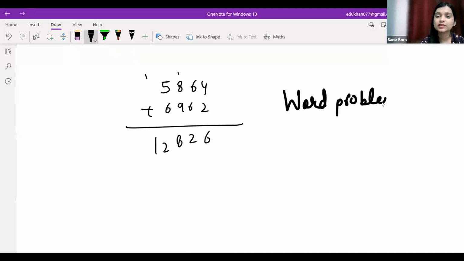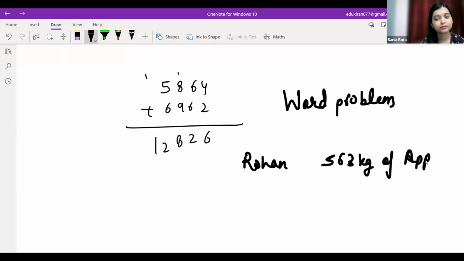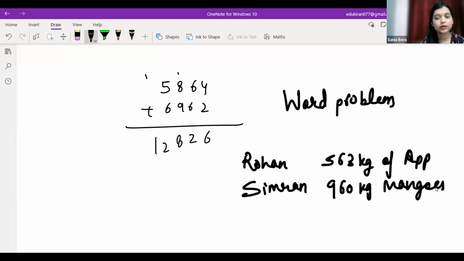In this case, for example, Rohan bought 563 kgs of apples, and Simran bought 960 kg of mangoes. Tell me how much is the total weight of both the fruits.